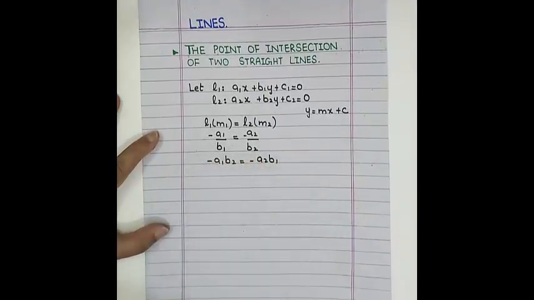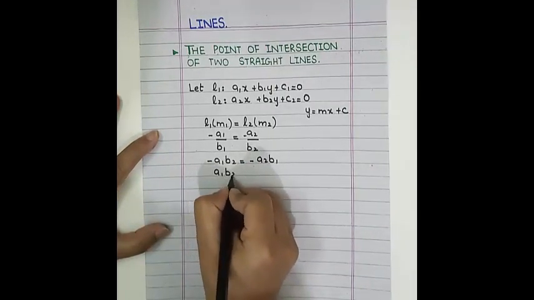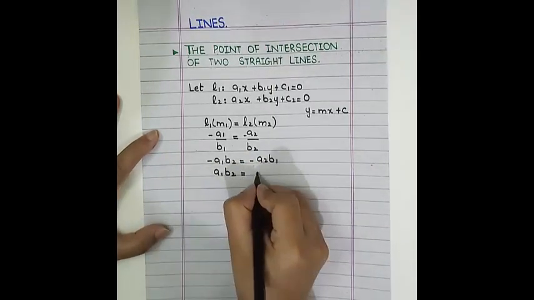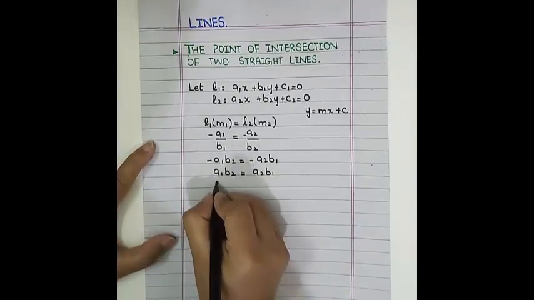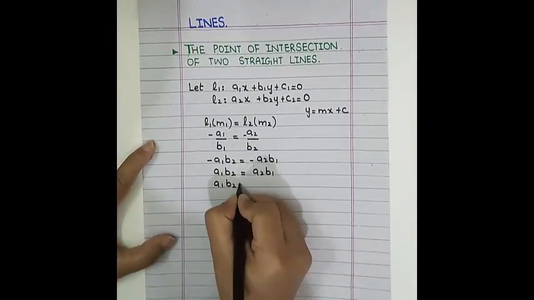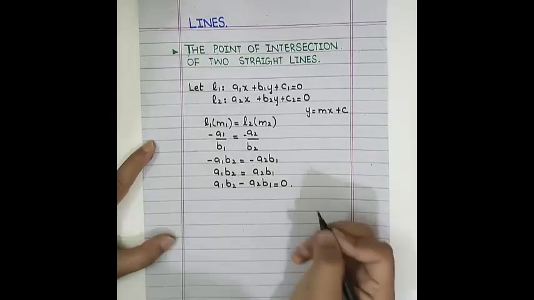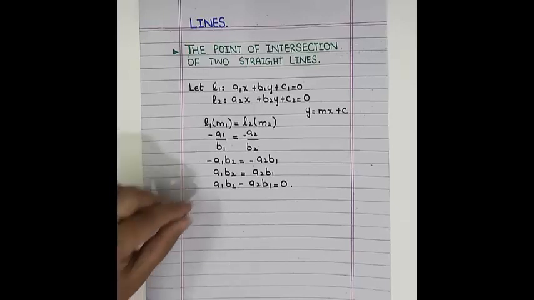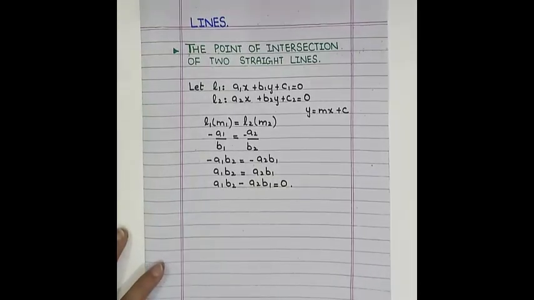Now the two minus signs will cancel out and we have A1 B2 is equal to A2 B1. Also we can write A1 B2 minus A2 B1 is equal to 0. So this is a very important condition for the lines if they are parallel. If the lines are parallel, they must satisfy this condition.